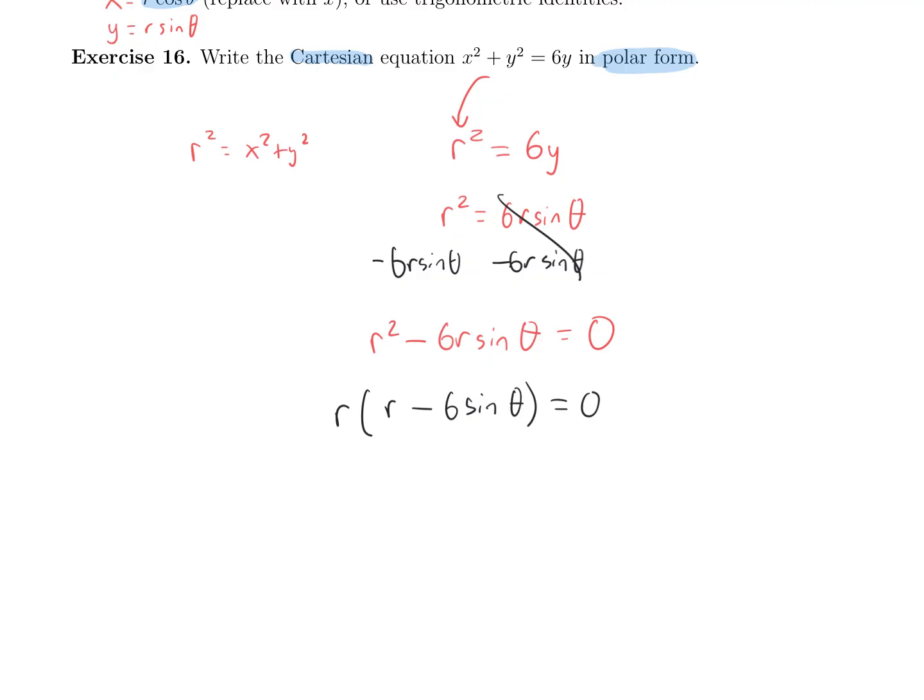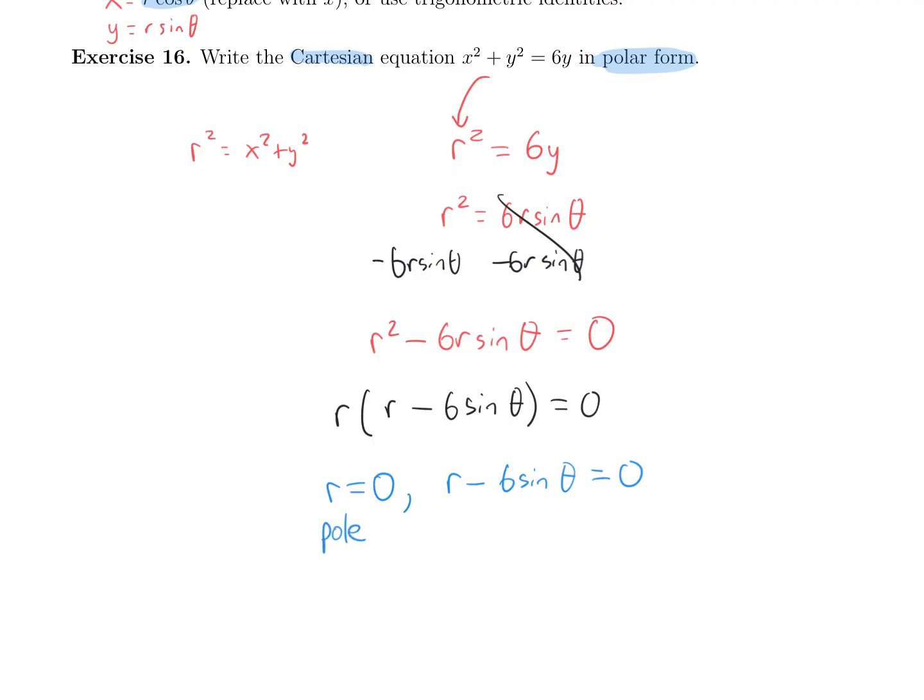So that's going to be r equals 0, and r minus 6 sine theta equals 0. However, if you look at the graph of r equals 0, it is just a single point at the pole, which is basically the origin. You can use Desmos.com to verify this. It's just the pole or the origin.